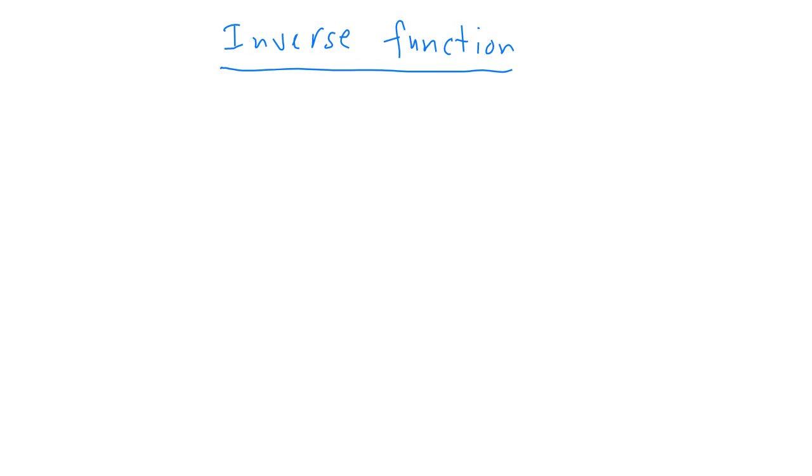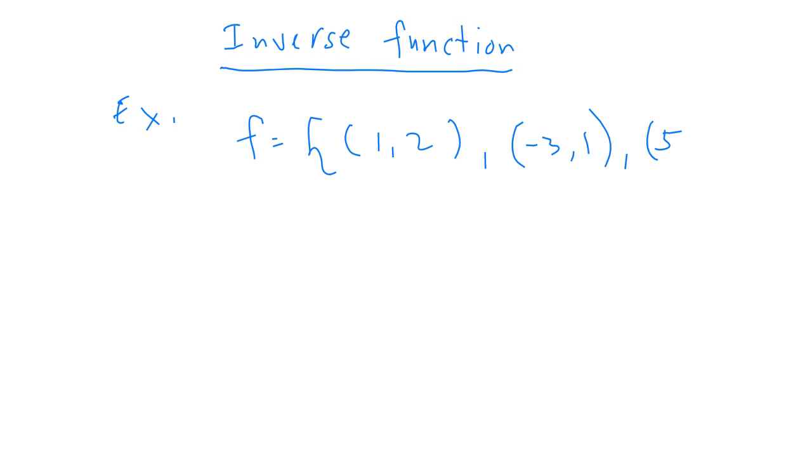If you're given ordered pairs, for example, a set of ordered pairs like 1 comma 2, then negative 3 comma 1, and then, let's say, 5 comma negative 4.